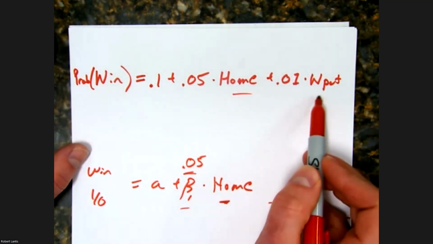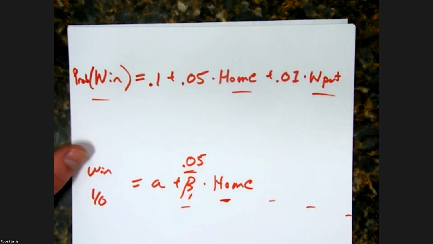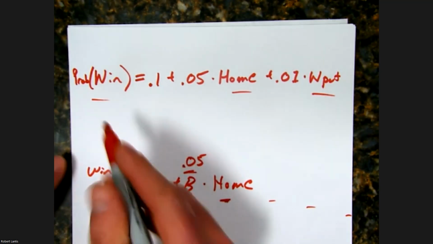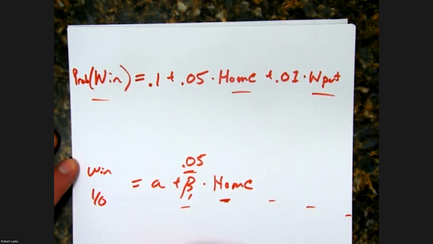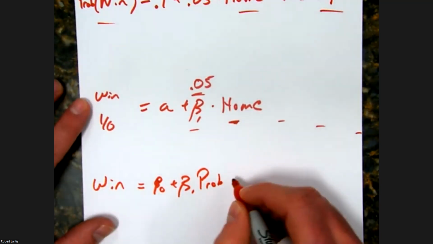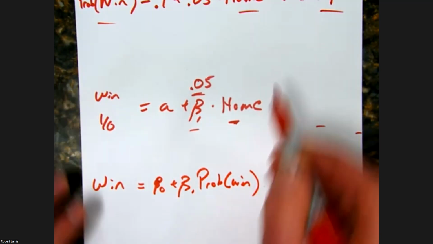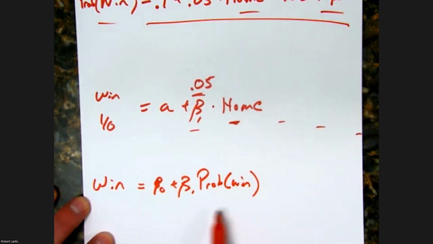So any variable that was used to come up with that probability of winning the game, if we include this probability now, this is kind of a weird thing, it's essentially like we could just write this whole thing out.